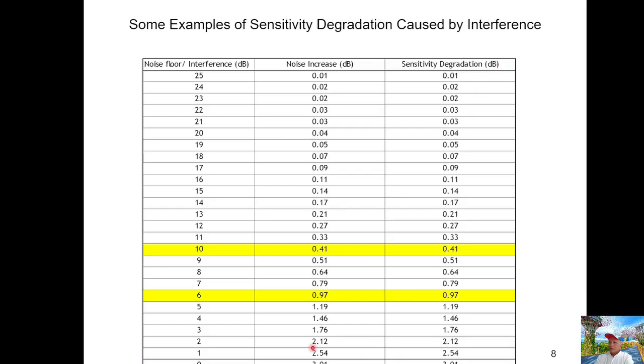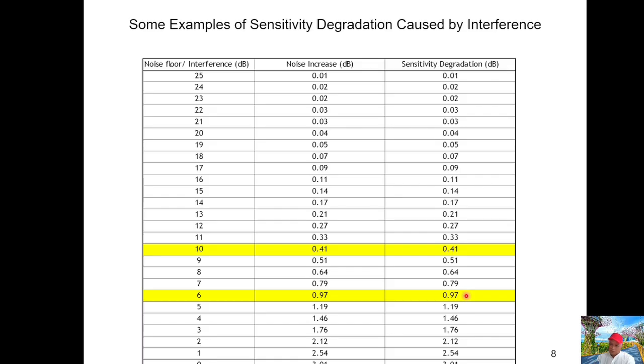But some vendors or operators can accept interference 6 dB lower than the noise floor. That means the sensitivity will be degraded by 1 dB, which is the sensitivity degradation they can accept.